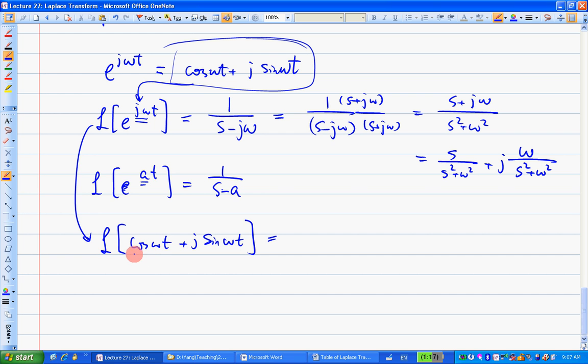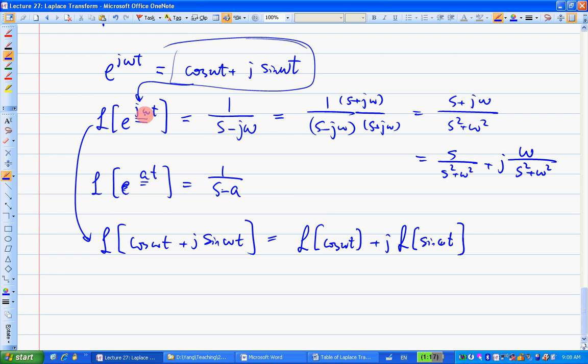So when it's a linear operator, you have this so-called superposition property. All of these constants here, you can take them out. So basically, this is equal to L of cosine omega t plus j L of sine omega t. You consider the j as a constant essentially.